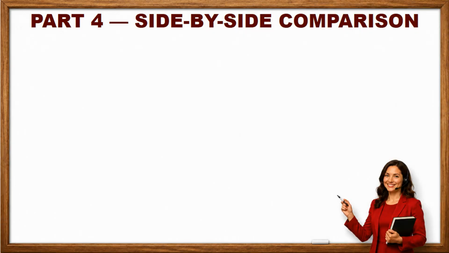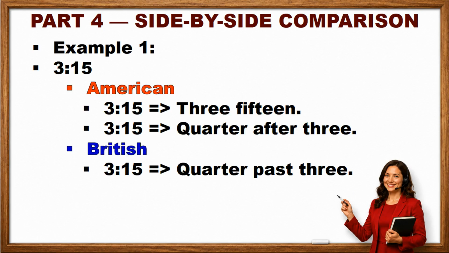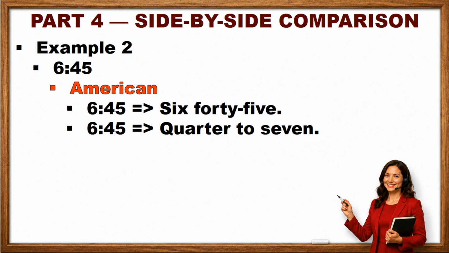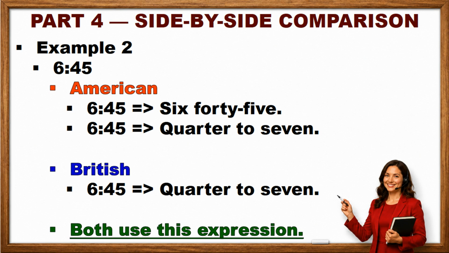Part 4. Side-by-side comparison. Let's compare both styles. Example 1. 3:15. American. 3:15. Or. Quarter after 3. British. Quarter past 3. Example 2. 6:45. American. 6:45. Or. Quarter to 7. British. Quarter to 7. Both use this expression.